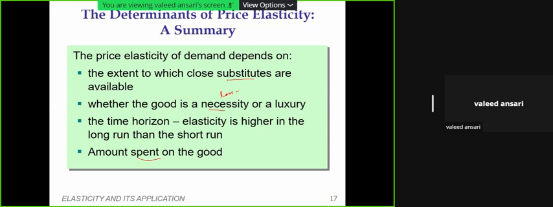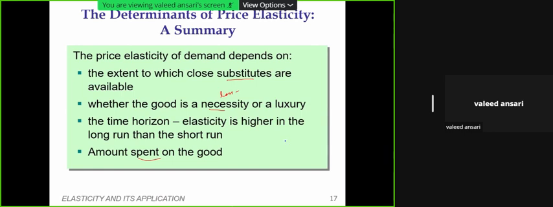And please keep in mind, students often make a mistake: when they are asked about the determinants of price elasticity of demand, they start writing about the determinants of demand. There is a connection, of course, but elasticity of demand has its own underlying determinants. So you should be careful.